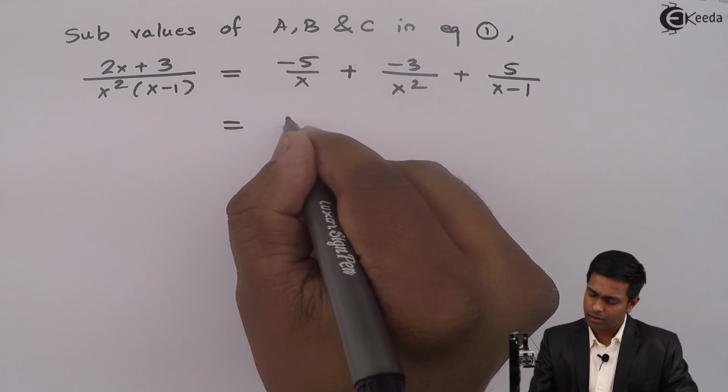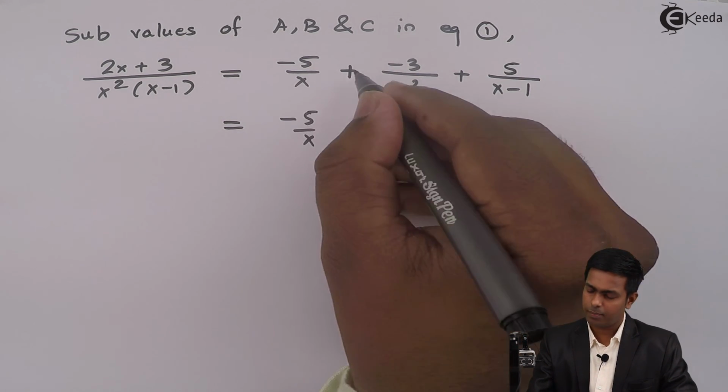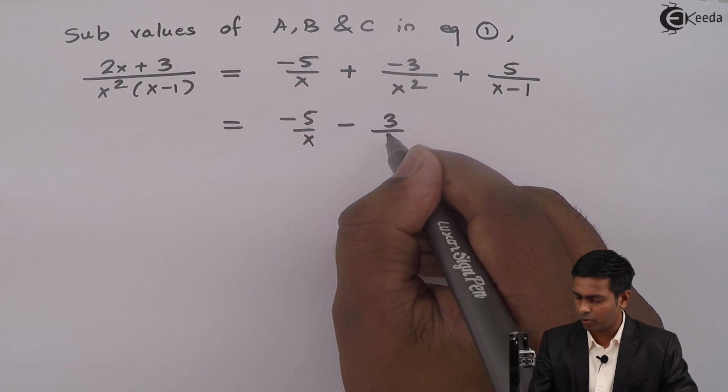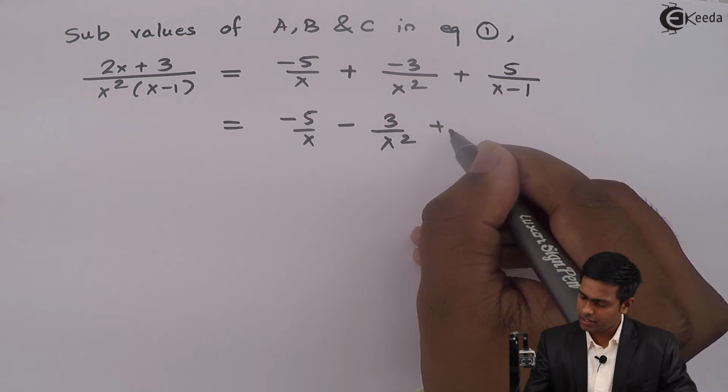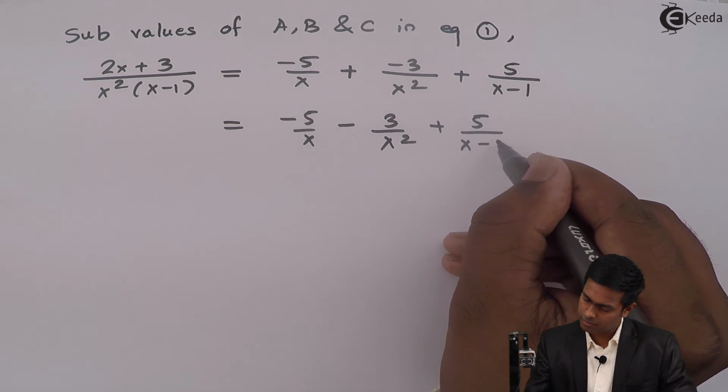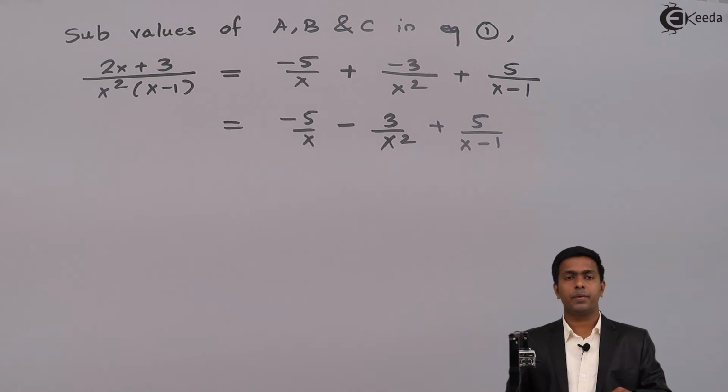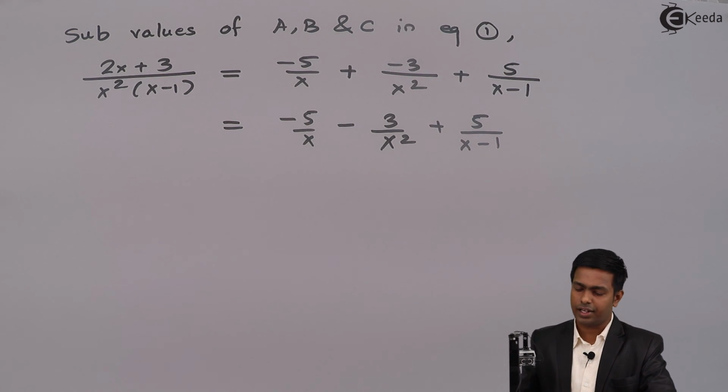So here we will get minus 5 upon x plus minus 3 upon x square and plus 5 upon x minus 1. So this is the partial fraction of the given fraction.